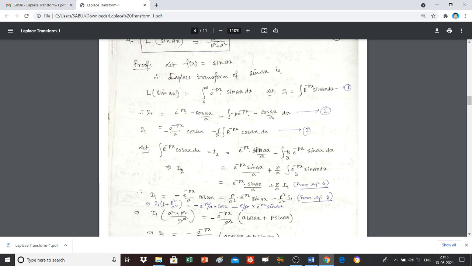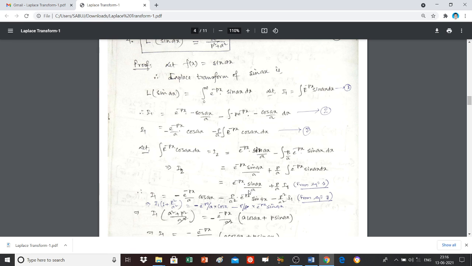So see here, this integral of e to the minus px sin ax dx was taken as I1. So this part is actually I1. So I2 is equal to e to the minus px sin ax by a, plus p by a times I1. It is from equation number 1 that you know this part is I1.